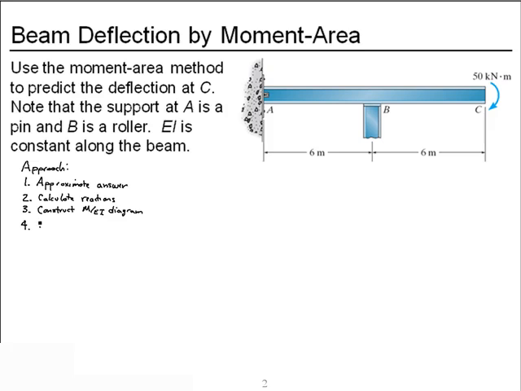Then we'll outline our plan for finding the vertical deformation at C, because that affects what part of the M over EI diagram we use in the moment area method, which vertical deviations we calculate. And then step 5 is to actually make those calculations.